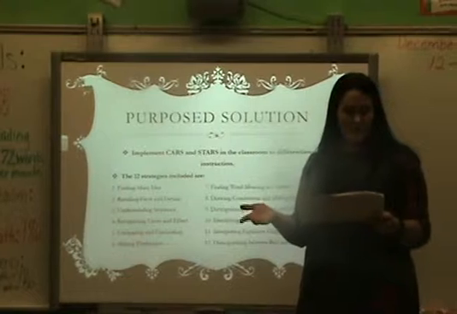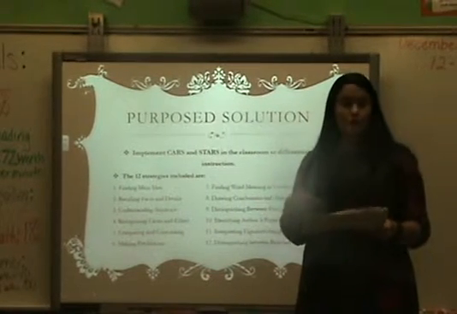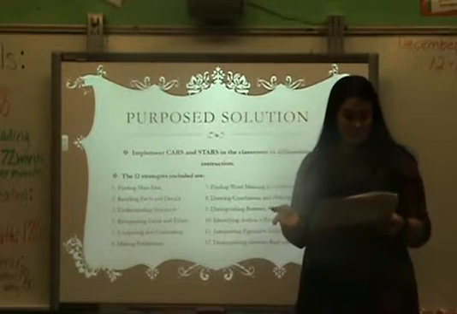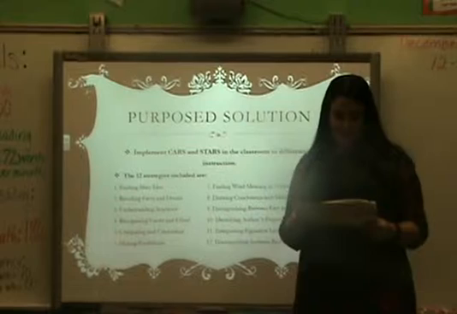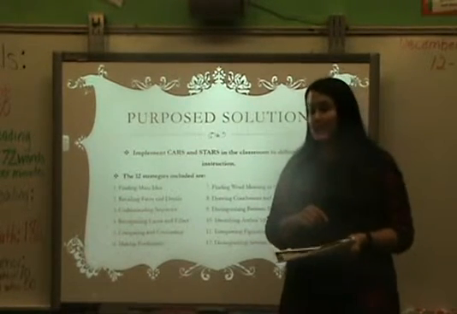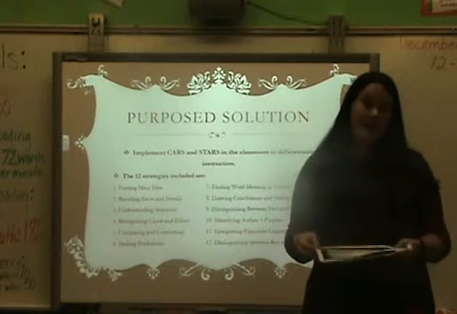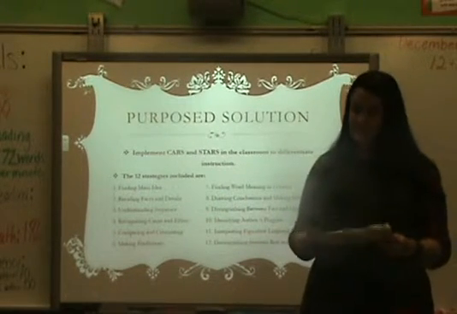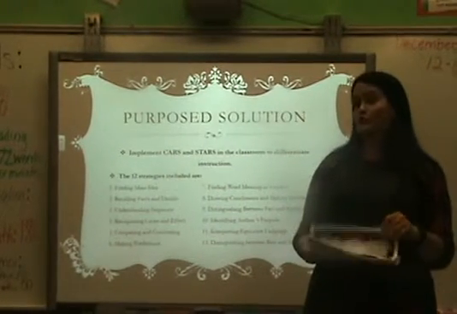They do finding main idea, fact and detail, understanding sequence, recognizing cause and effect, comparing and contrasting, making predictions, finding word meaning in context, drawing conclusions and making inferences, distinguishing between fact and opinion, identifying author's purpose, interpreting figurative language, and distinguishing between real and make-believe.